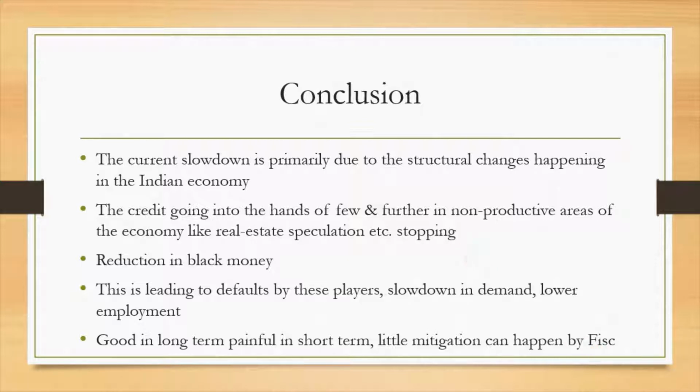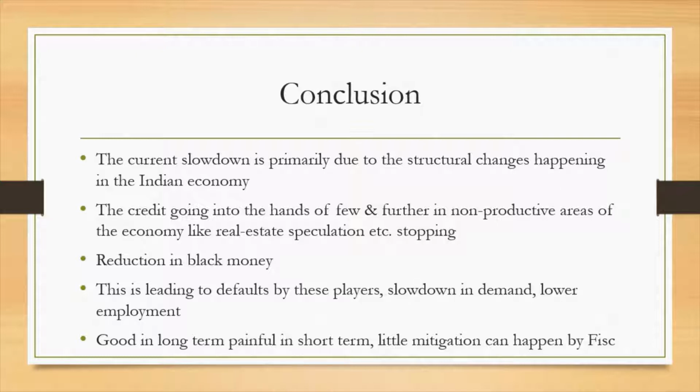Of course, there's another way. We can opt for getting things back online in the short term, but a mess in the long term. By stopping all these structural changes, stopping the noose tightening around black money, letting things be as they were, letting credit again go seamlessly into the real estate market, letting inflation go higher, and letting this wealth transfer from the working classes to the asset owners continue.